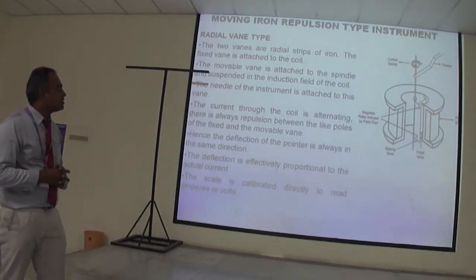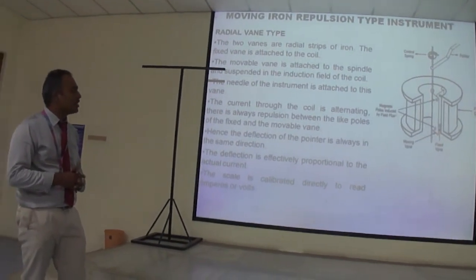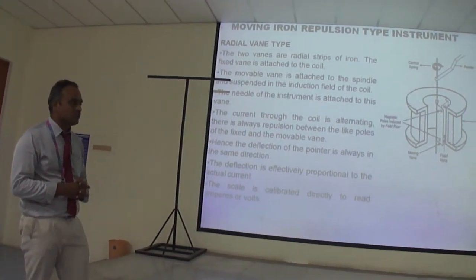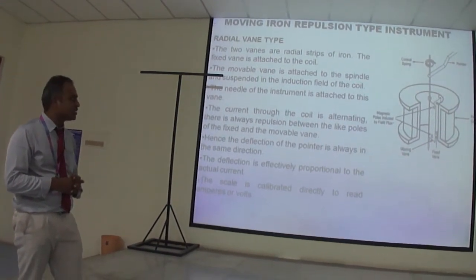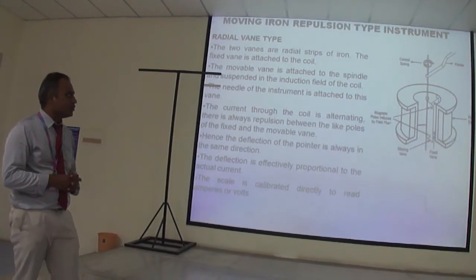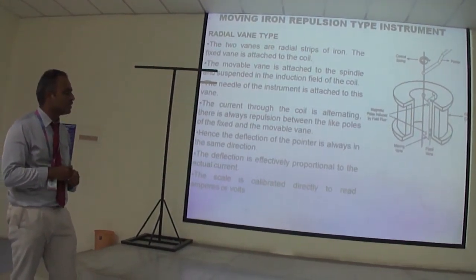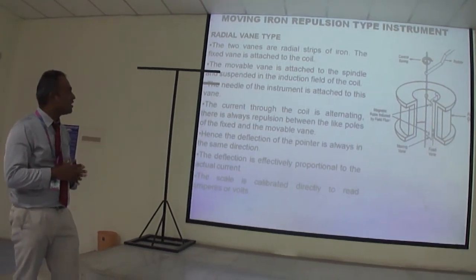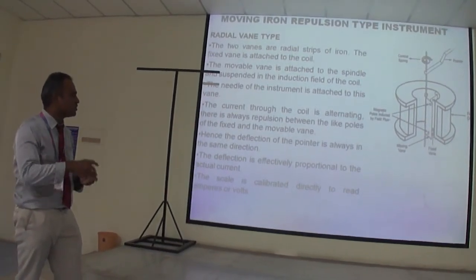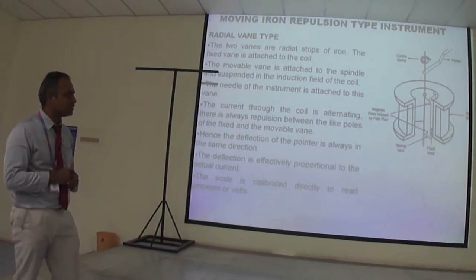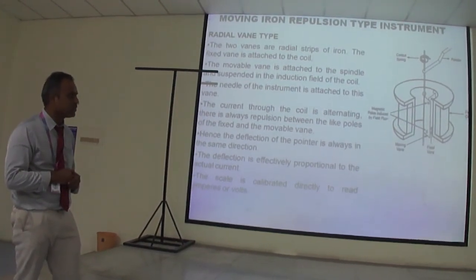So this is another method, the moving iron repulsion type instruments. Why it is called moving iron repulsion type instrument means the working principle is based on repulsion of magnets.